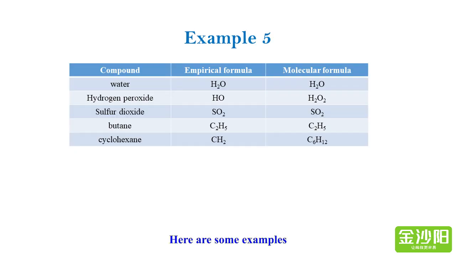Here are some examples. For water, sulfur dioxide, and butane, the empirical formula is the same as the molecular formula. But for hydrogen peroxide and cyclohexane, things are different. The empirical formula can be found by determining the mass of each element present in a sample of the compound.